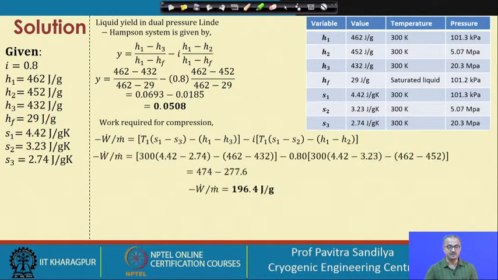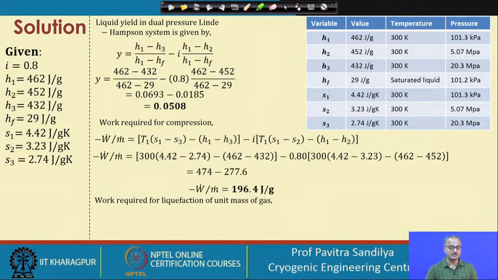Again we plug in the values of the various quantities we wrote in this table, and we find this is the work done, which comes to about 196 joule per gram. You have to be very careful in using these values. All these values have been reported in terms of joule per gram, so this is joule per gram or kilojoule per kilogram.